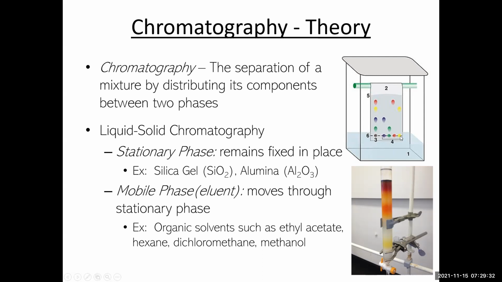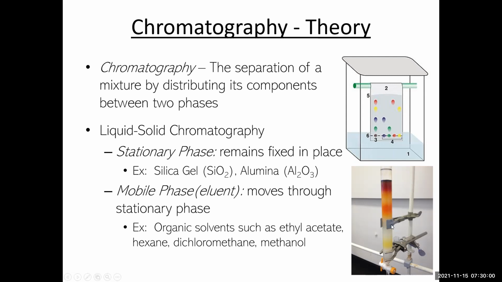Compounds are spotted onto the plate at the bottom, and then an eluent or an organic solvent is used, which will move up the plate through capillary action. And based on the polarity of the compound and its interaction with silica gel versus the solvent, each compound would hopefully move at a different rate, allowing for separation.